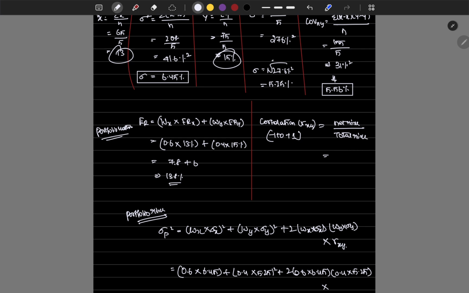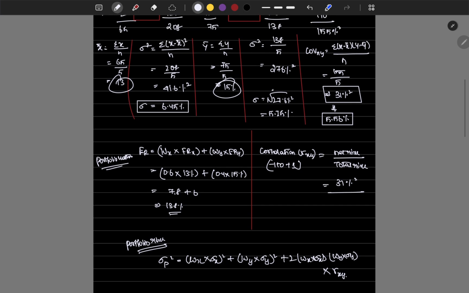Okay, we'll get the actual figure with the square of it, which is 31 percent square. What's the total risk? Total risk is the individual standalone risk of both the securities. We have to multiply. So total risk is risk of x into risk of y.